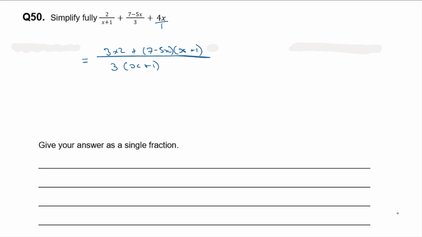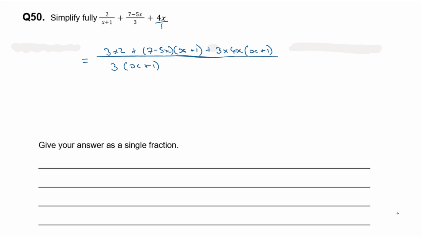And then 1 goes into 3x plus 1 times, so I'm going to get plus 3 times 4x lots of x plus 1. Okay, I'll tidy that up in a second.